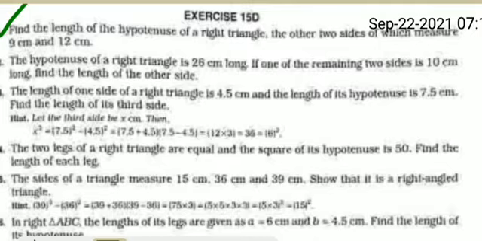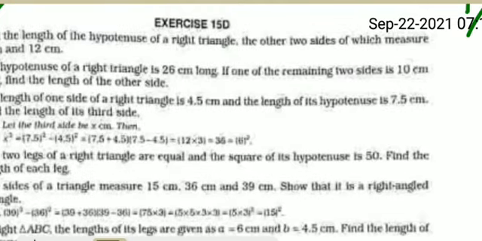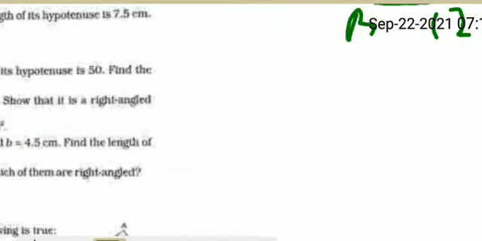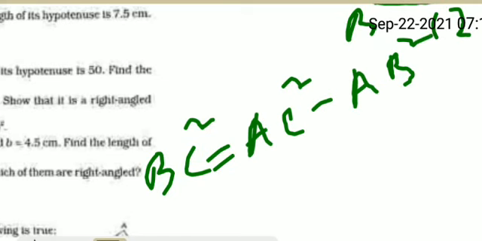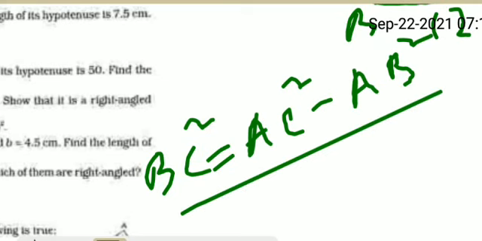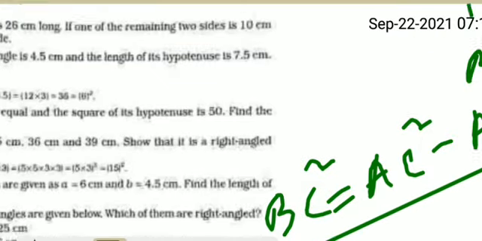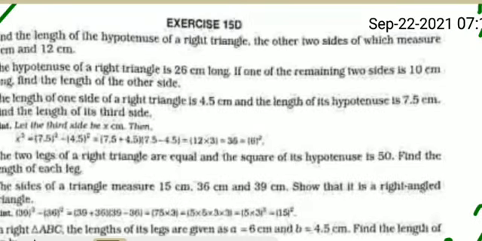So to find BC square, when the hypotenuse is given, BC square equals AC square, that means hypotenuse square, minus AB square. This will be the formula. Just write this and put the values, and you will get the required measurement of the side.